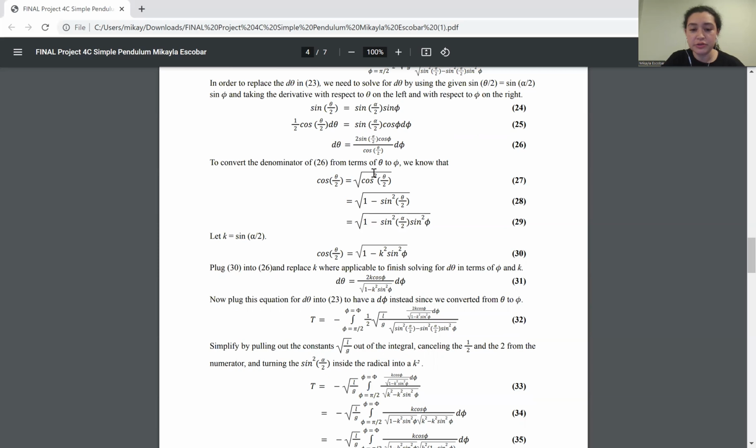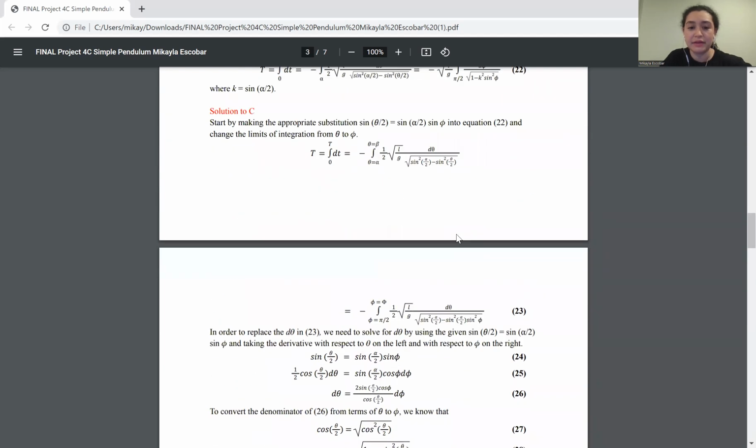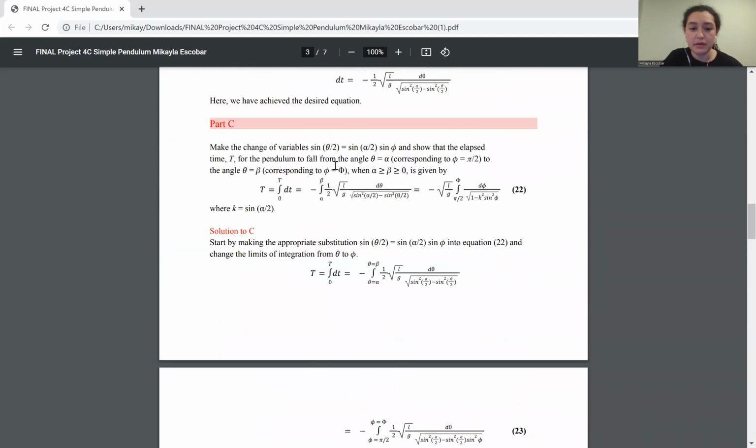And then we can use the trigonometric identity, cosine squared plus sine squared is equal to 1. So we're going to put inside the square root 1 minus sine squared of theta over 2, which is also equal to square root of 1 minus sine squared of alpha over 2 times sine squared of phi, given the identity we have in the problem statement up here.